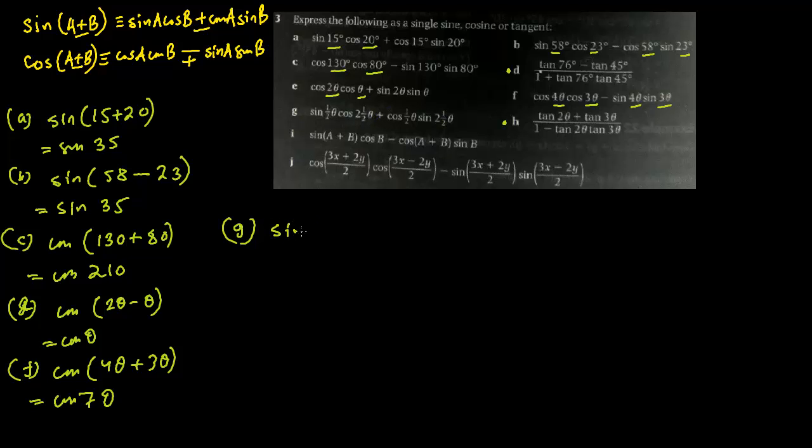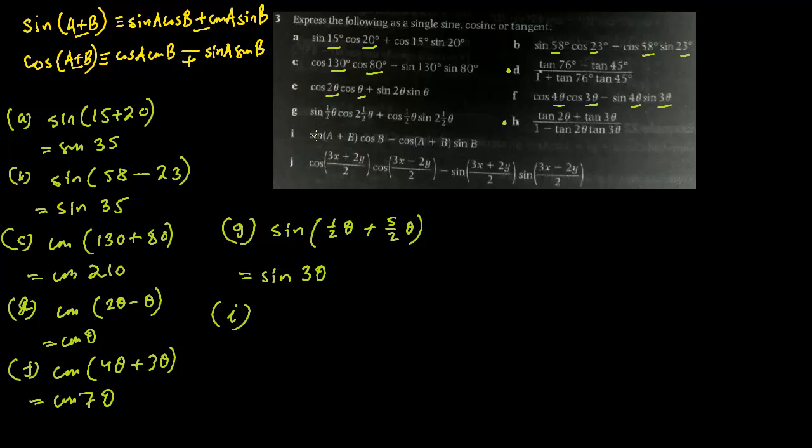So this would be sine A plus B. Now A is half theta plus B is 2.5 theta, 2.5 or 5 by 2 theta. We can simply add this as 0.5 plus 2.5 is going to be 3. So 3 theta.